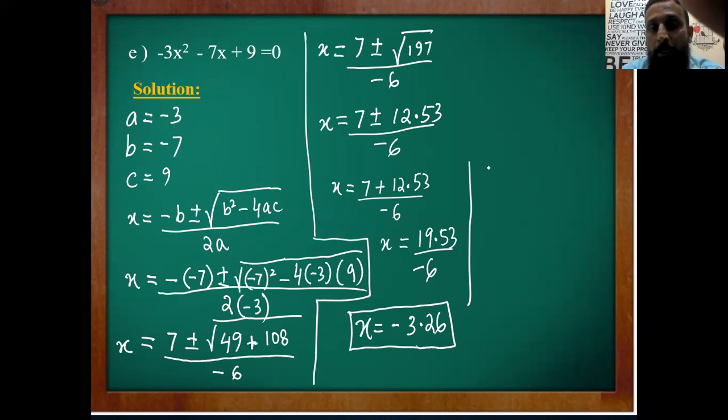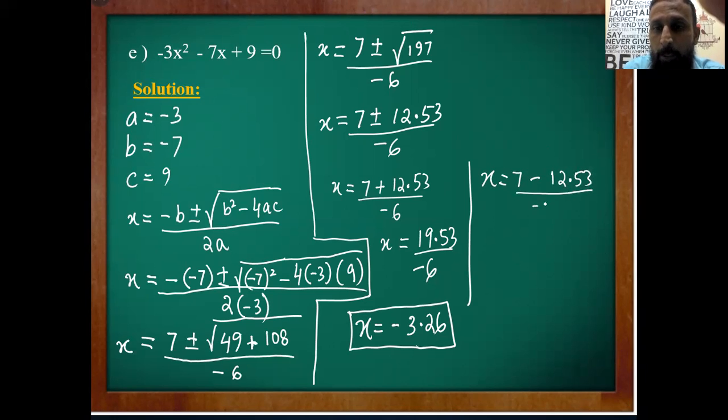Okay, let's do the second part. X equals 7 minus 12.53 whole upon negative 6. So the difference, 7 minus 12.53, is negative 5.53, divided by negative 6.